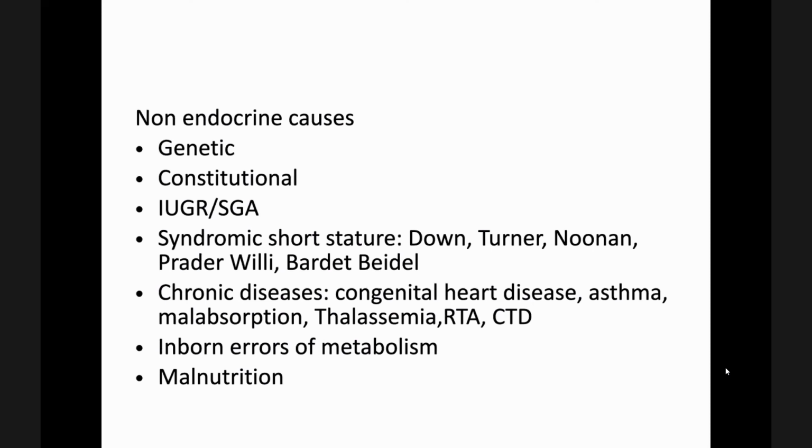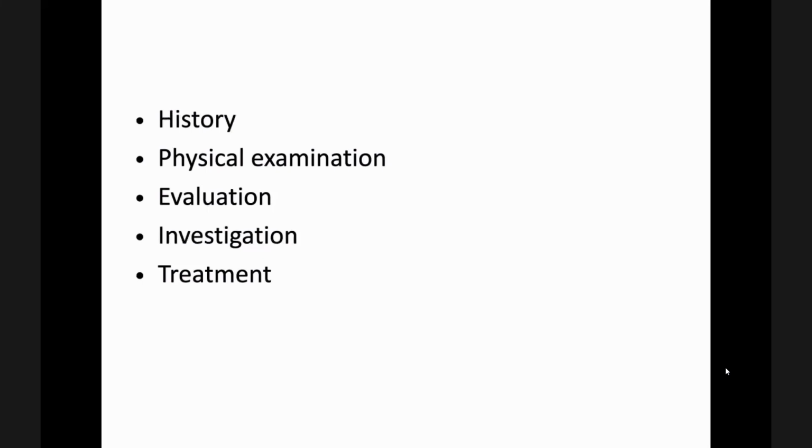Chronic diseases like congenital heart disease, asthma, malabsorption, thalassemia, renal tubular acidosis, and connective tissue disorders. Similarly, inborn errors of metabolism like protein metabolism, glucose metabolism, which you must have read, and malnutrition. So we have to evaluate through history, physical examination, investigation, and treatment.